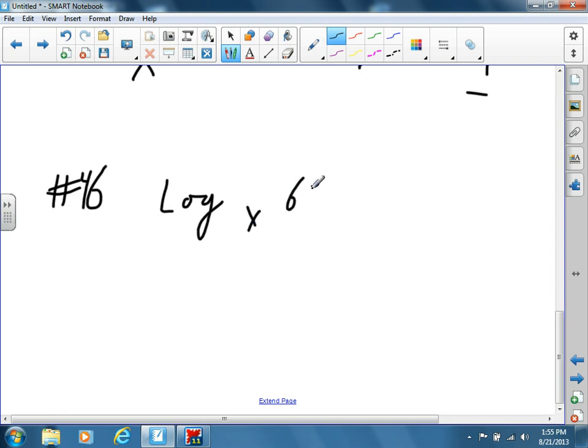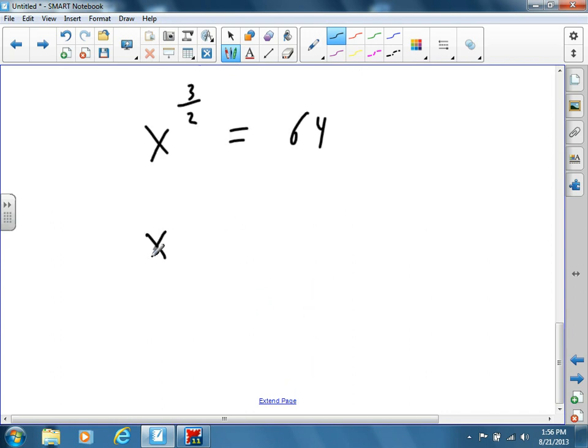Log base x of 64 is 3/2. So x to the 3/2 is 64. I recognize 64 as 2 to the 6th power.